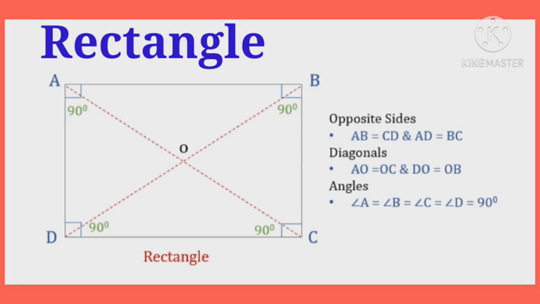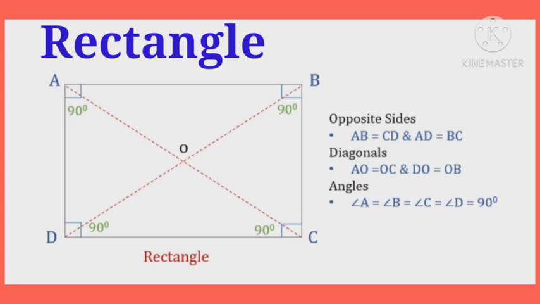AB is equal to CD and AD is equal to BC. And the diagonals of a rectangle bisect each other, so OA is equal to OC, OD is equal to OB. That means the diagonals are divided into equal parts. This is called diagonals bisecting each other.